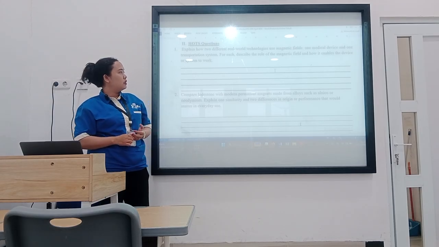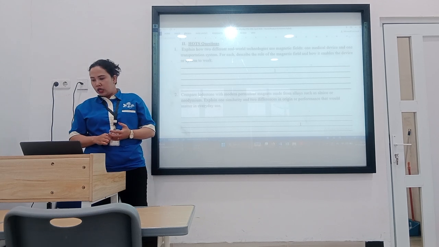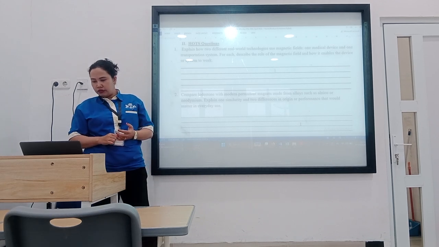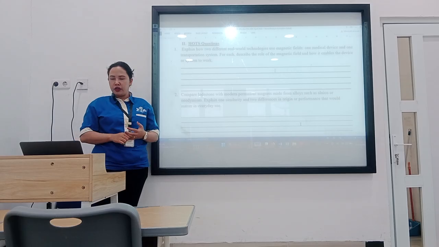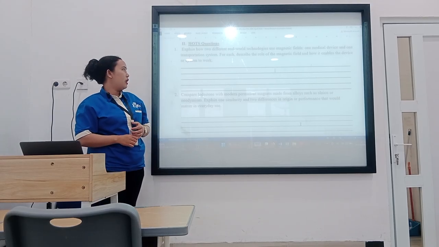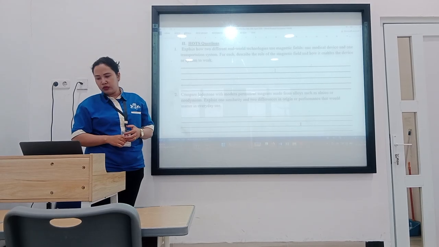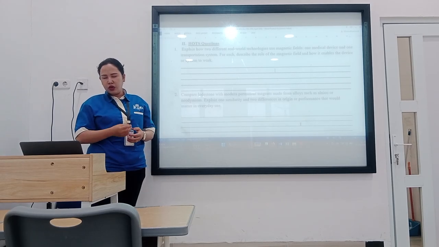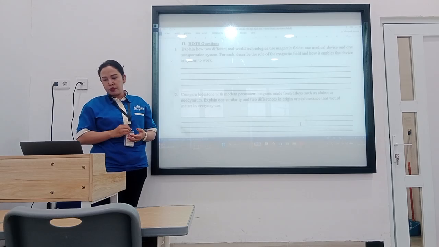While maglev trains use the magnetic field for propulsion and levitation, allowing frictionless travel and making the speed higher.